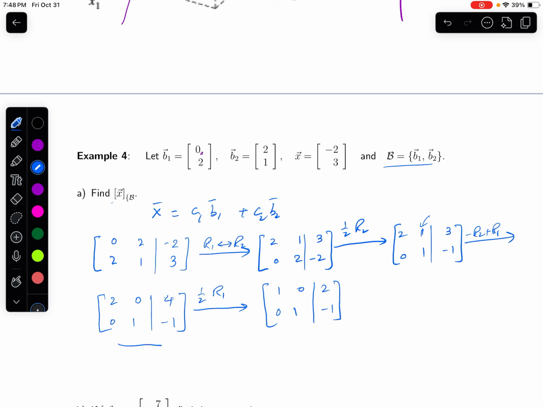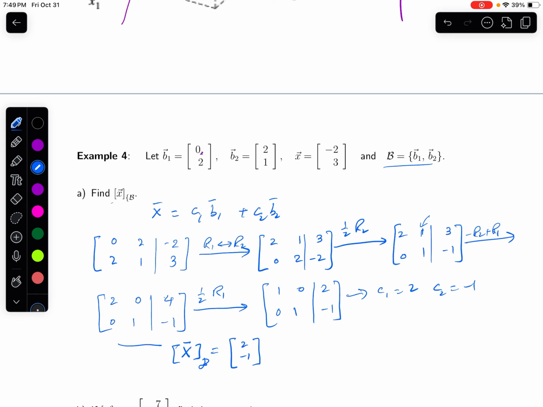So from here I can now say directly that C1 is equal to 2 and C2 equal to -1. What does that mean? It means the coordinate vector of x relative to the basis B is equal to 2, -1.